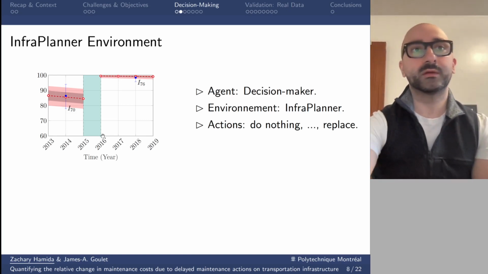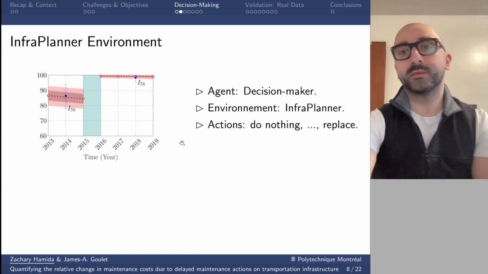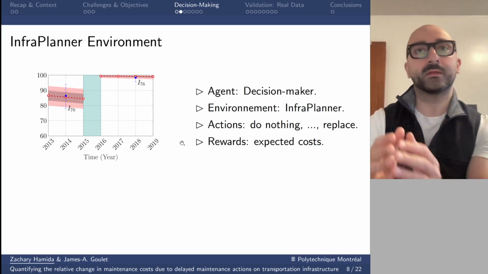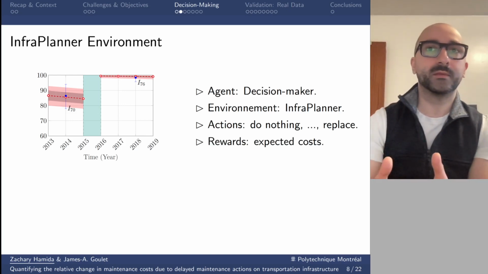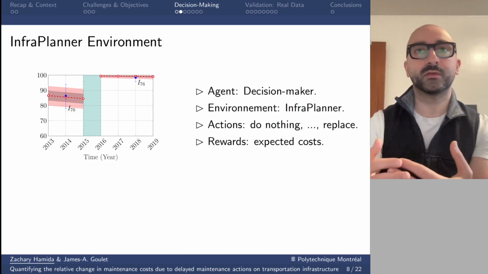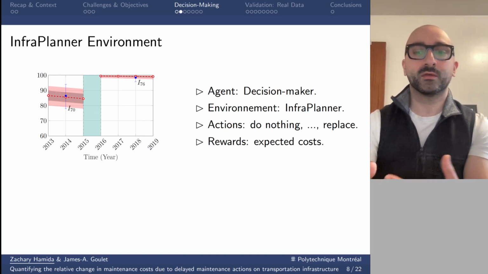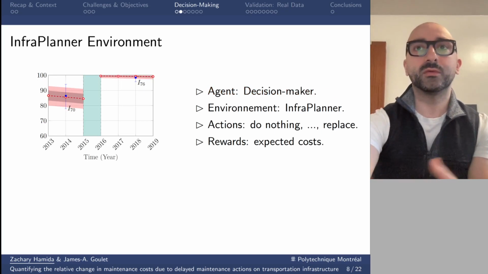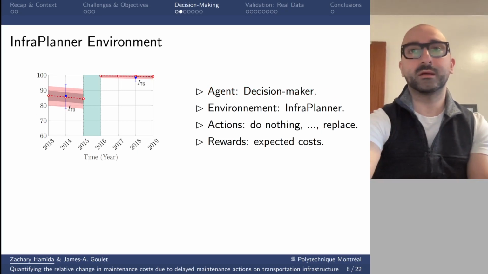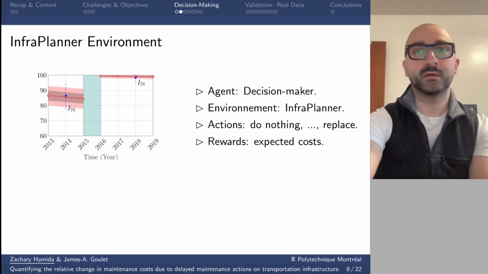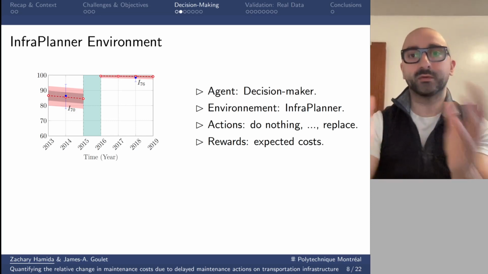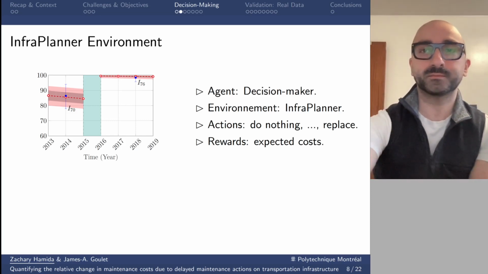Or to repair. So here, for example, in 2016, we do repair or replace. And the rewards this time would be the expected costs. So the end goal would be to minimize those expected costs in general. This is how the problem can be formulated.